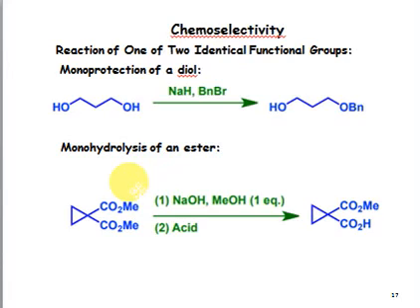The reagent is sodium hydride in presence of methanol followed by the acid workup. But it's important that you use only one equivalent, meaning you should use a lesser amount of reagent. If you use a greater amount of reagent, then the hydrolysis of both of the esters will be carried out, right? So this is about the chemoselectivity in case two functional groups are present.